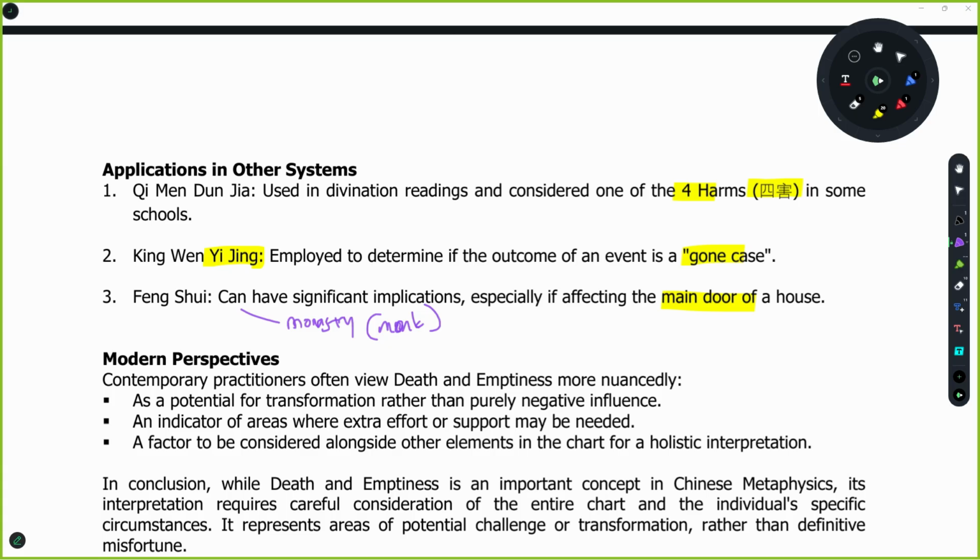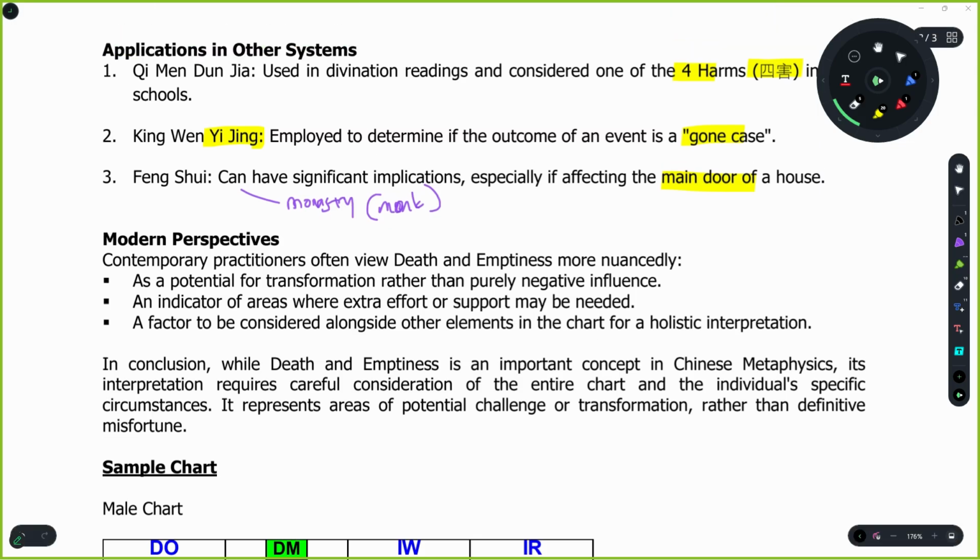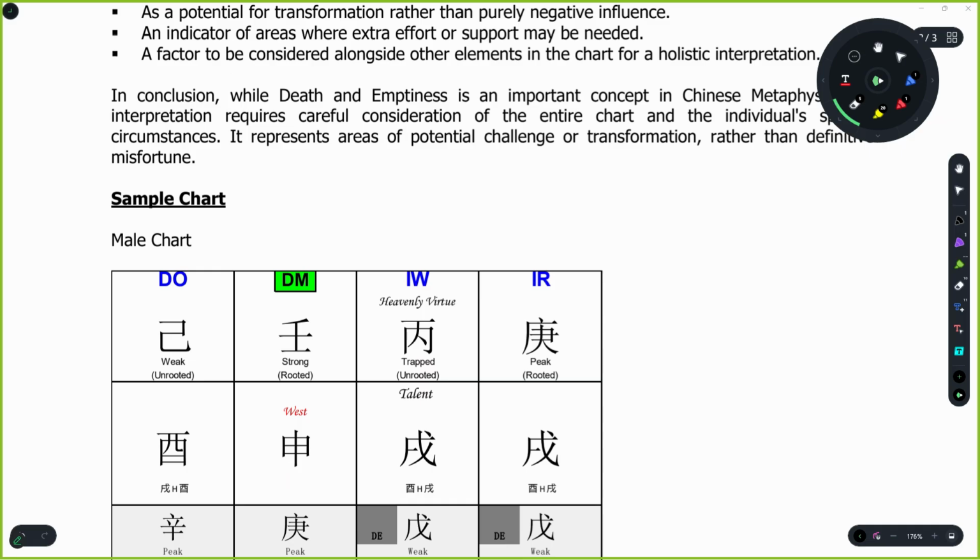Therefore, to lack worldly ambitions and to lack material pursuits, death and emptiness would find its suitability. That would be how we may consider it. So we want to read whether the death and emptiness is one that is your whole life, or one that is within your luck pillar.